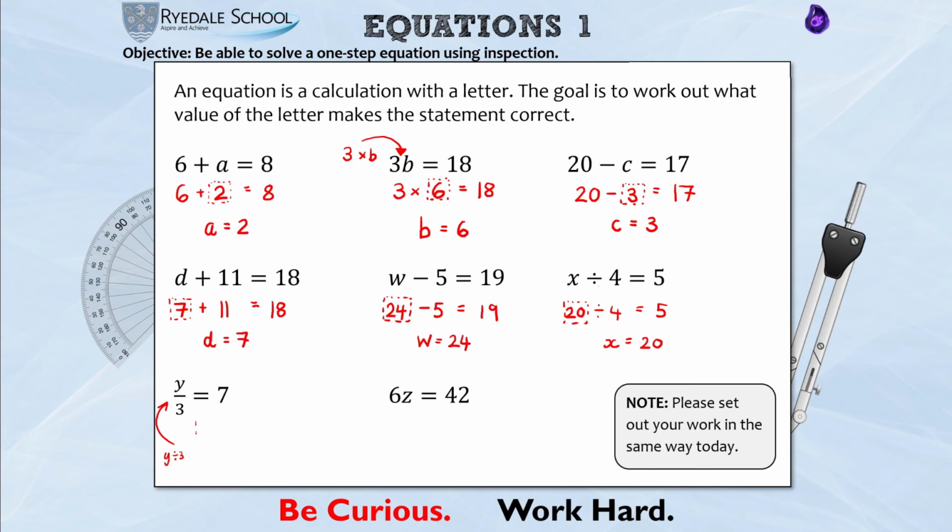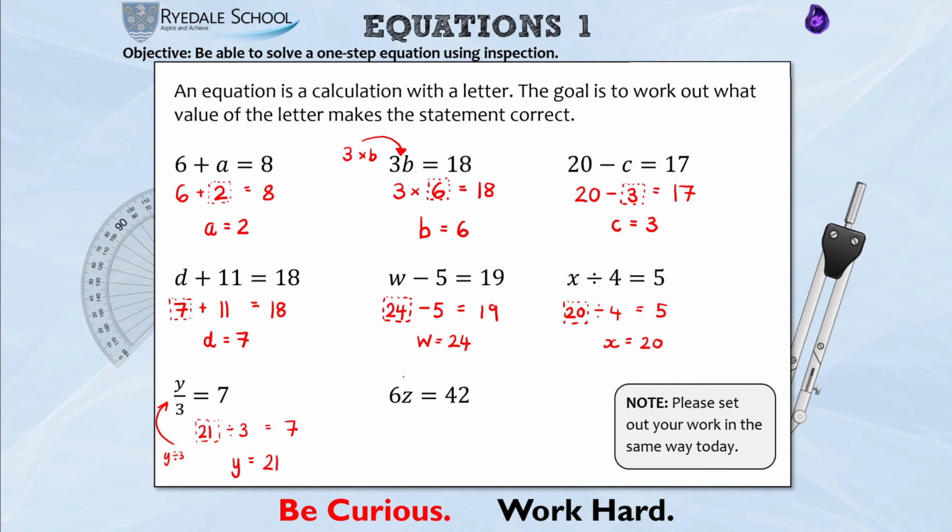So we've got something divided by 3 equals 7. And I'm sure you know what this number is. I've been wanting to do this number for a while. Yes, it's 21. So Y equals 21.